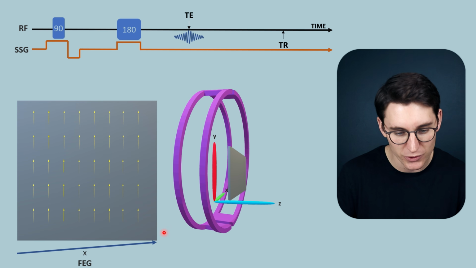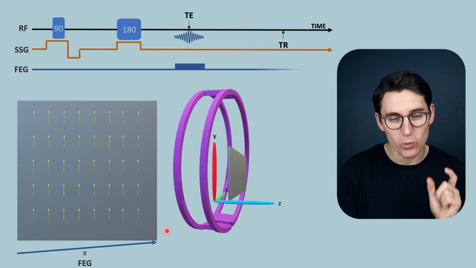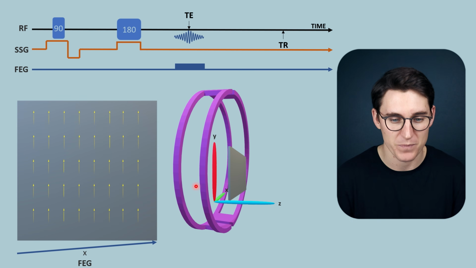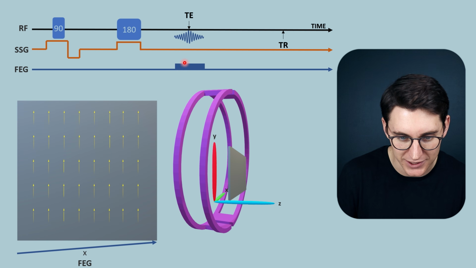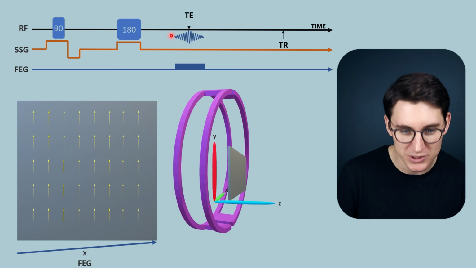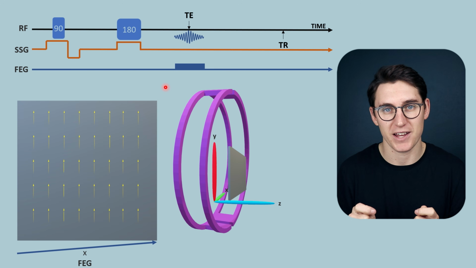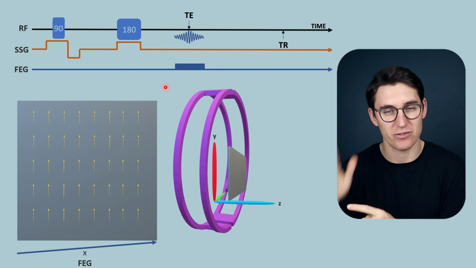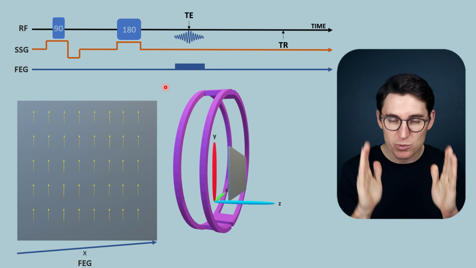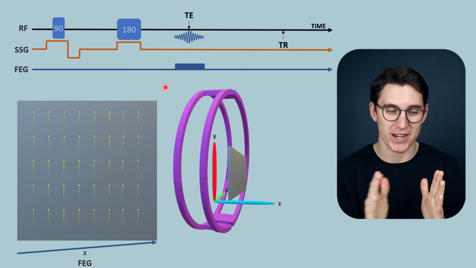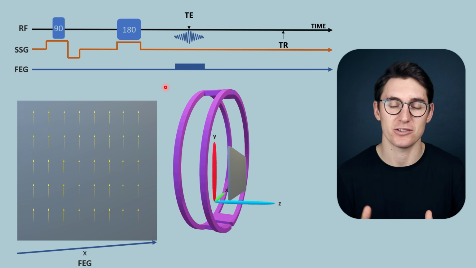Now, we apply this frequency encoding gradient only when we are reading out the signal. We only apply the gradient here. So up until that frequency encoding gradient, all of those spins are spinning in phase with one another, applying a net magnetization vector that we can measure. As we're about to measure that net magnetization vector, we apply this magnetic field gradient.